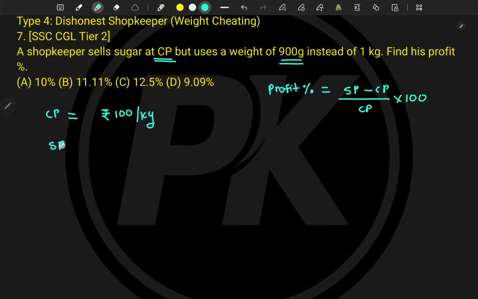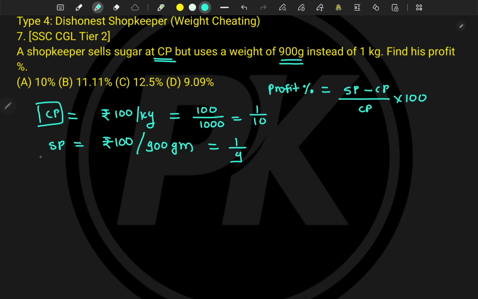That means his selling price remains the same, rupees 100, but it is not per kg. He is selling it for only 900 grams. So I will convert that kg into grams. So it will be 100 divided by 1000 grams, which is 1 by 10. And now if you solve 100 divided by 900, this will become 1 by 9. That means your cost price is 1 by 10, your selling price is 1 by 9.